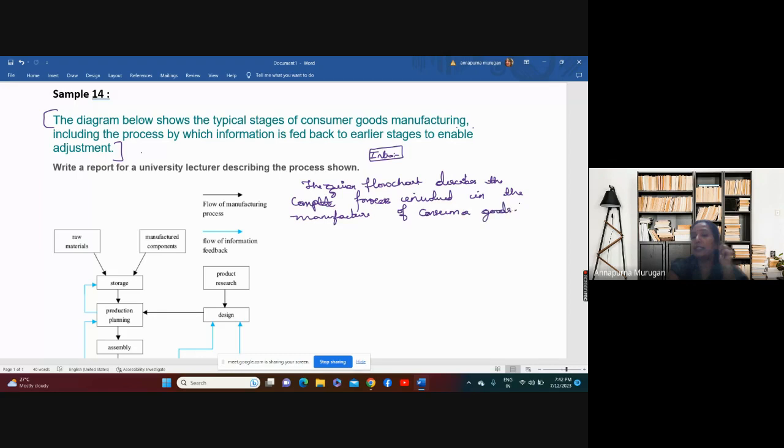I'm just going to present this. Now, the first line: the given flowchart describes the complete process involved in the manufacture of consumer goods.